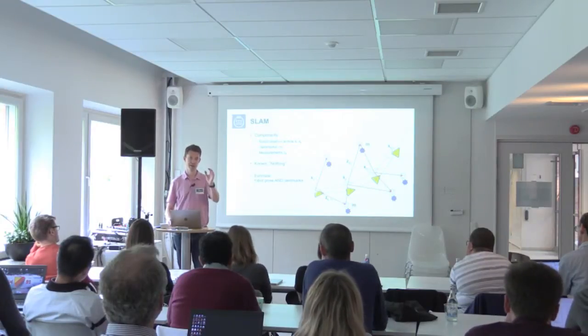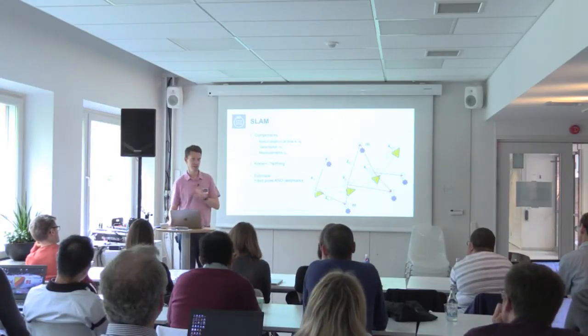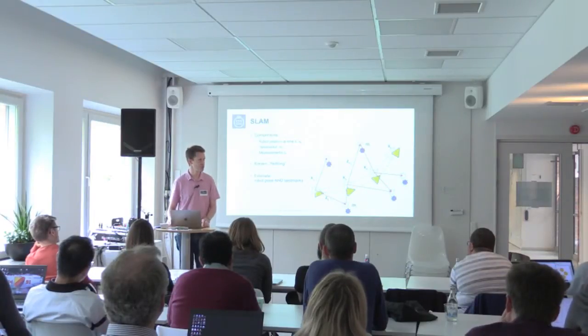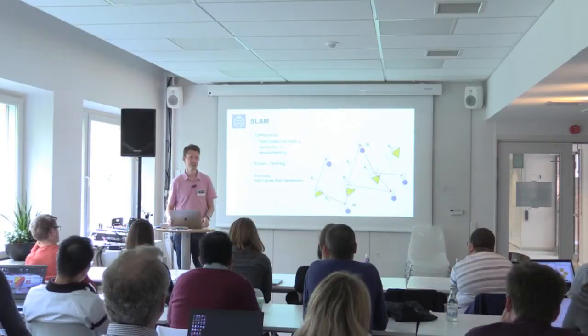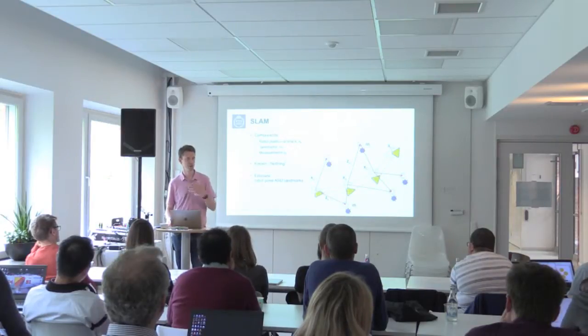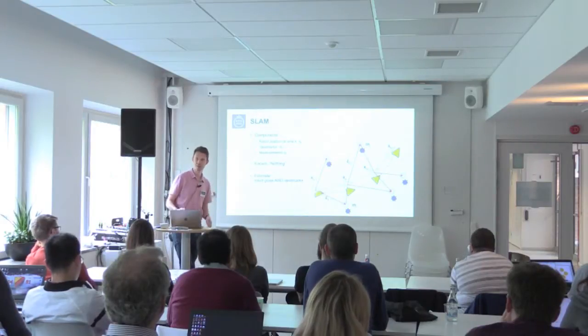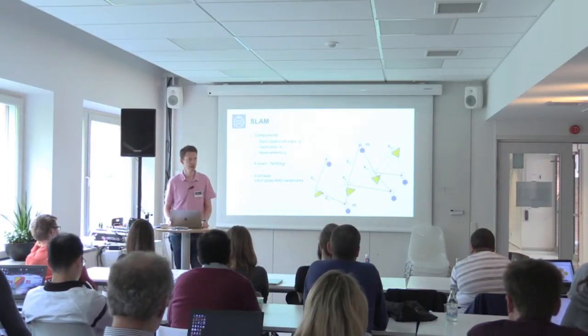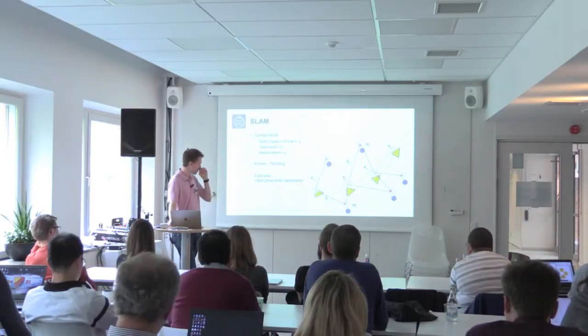It's static. So everything that moves is something that is not supposed to happen. This is clearly not the case when you are mapping on the road with cars around you, so you have to do something about it. Yes, most people assume that the world is static.